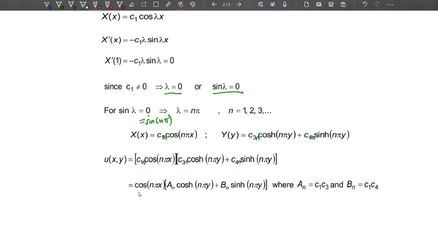Then we can simplify by multiplying C1n and C3n, and change it to capital letter An, and C1n multiplied with C4n has been substituted to be Bn. Okay, next.